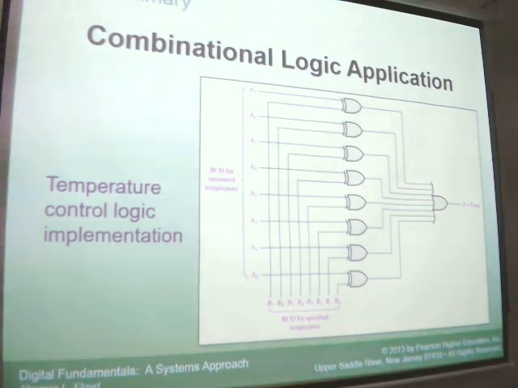This is the diagram, the logic circuit. There are 8 XOR gates.